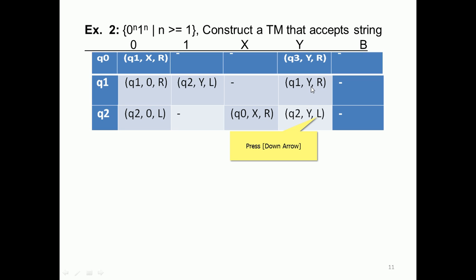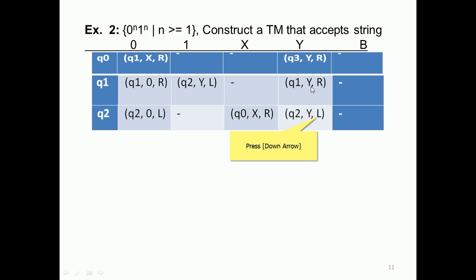So we have q2 with input symbol 0, delta of q2 comma 0 is q2 comma 0 comma L. So when 0 appears, retain the 0 and turn the read write head towards the left side, right? When x appears, keep moving towards the right side, since some more x will still be there, and it changes to q0.